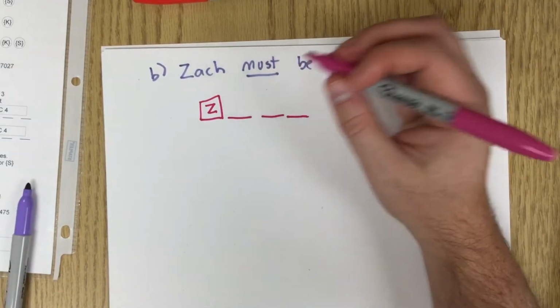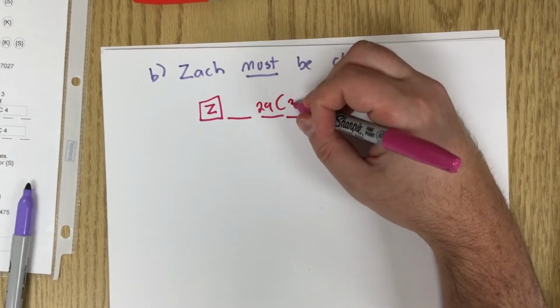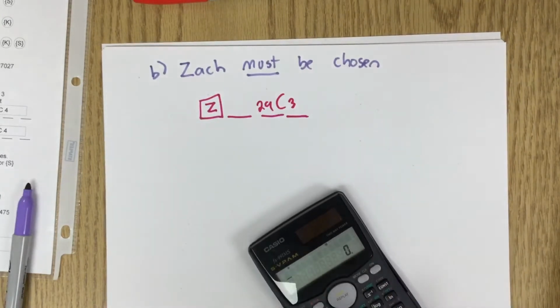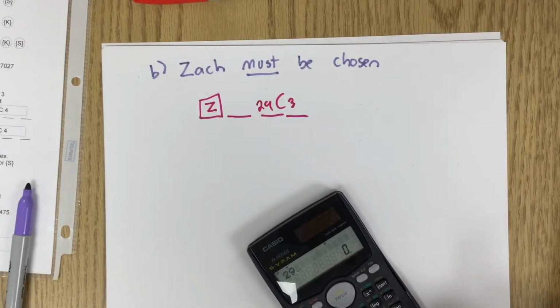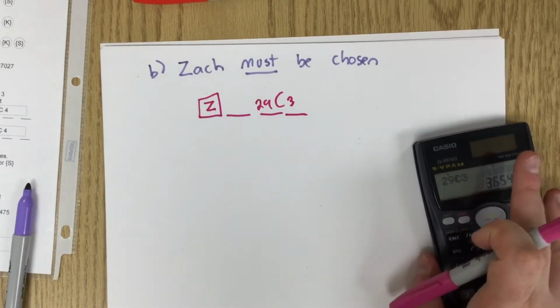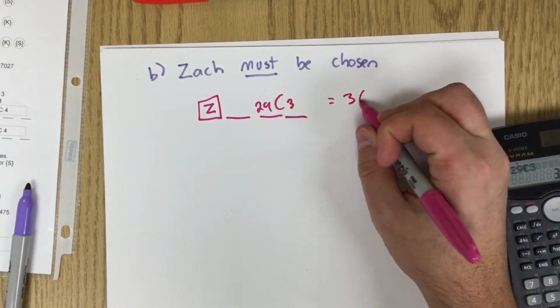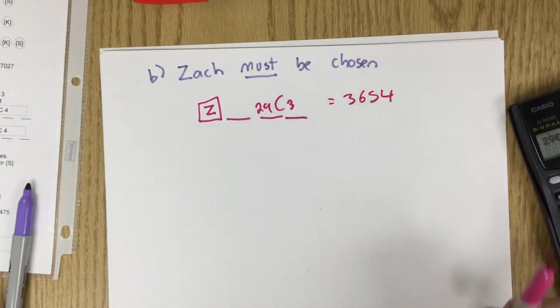So in this case, it would be 29 choose 3, which is 3,654. So 3,654 of the 27,000 ways have Zach, where he must be chosen.